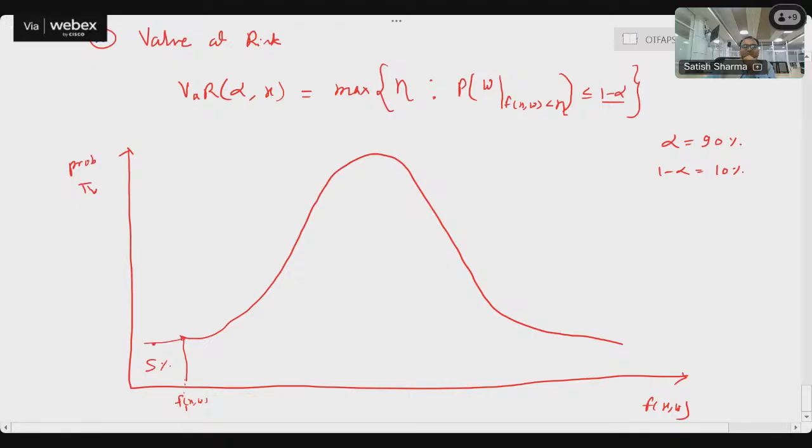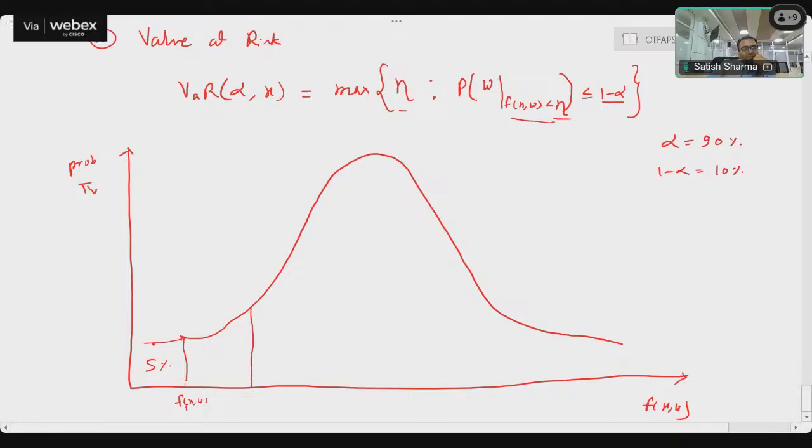So this f1 will be less than some eta value. And what can be the maximum value of eta for which the overall probability where the function value is less than eta has a 10% chance? So I will come up to the 10% probability.